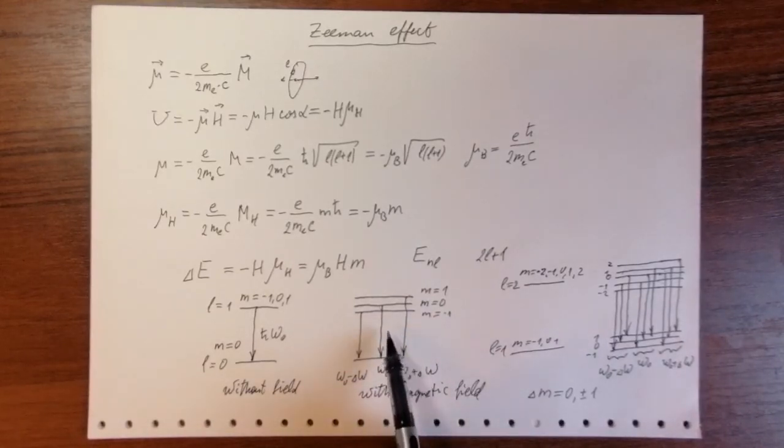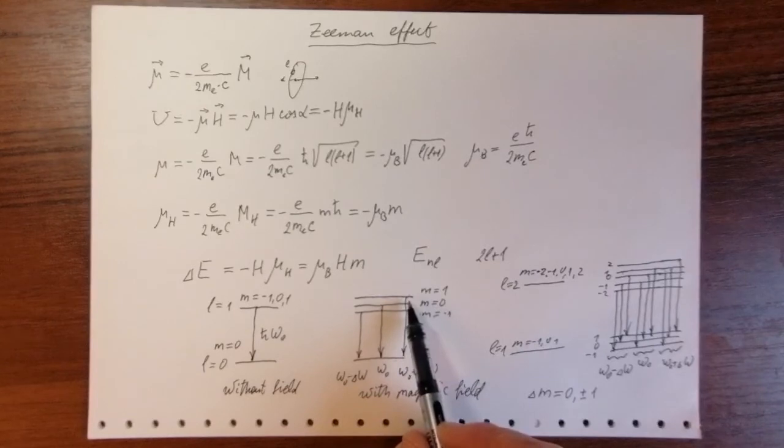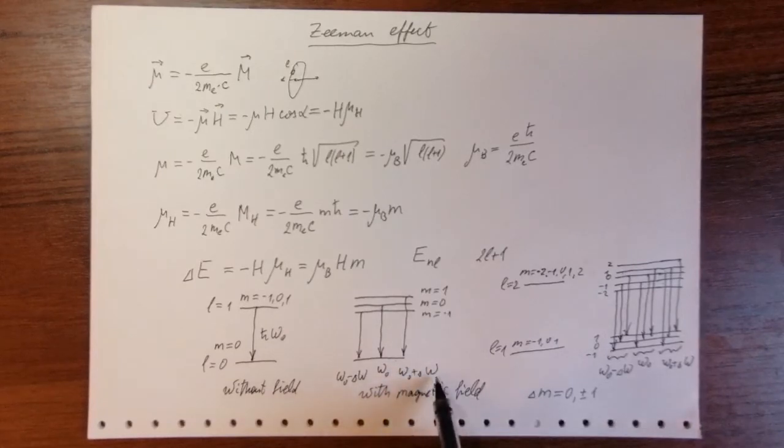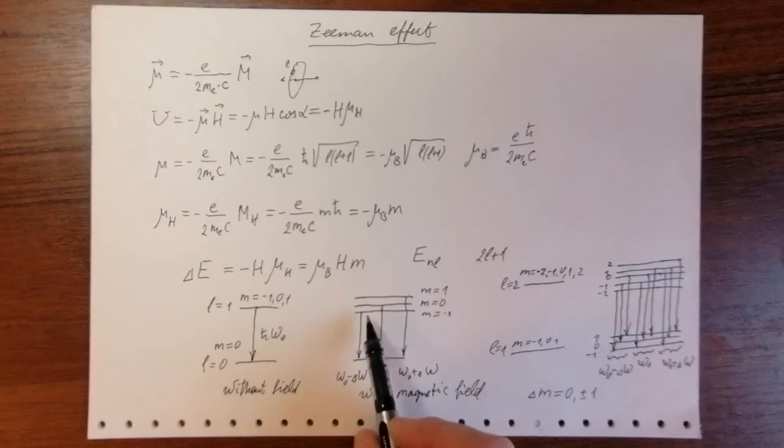So if the transition is from this to that, again it is omega 0. If a transition of electron is from this level to that level, the energy is greater and the frequency is greater as well. If the transition is from this level to this level, it is natural that the frequency is lower. So this is with magnetic field.